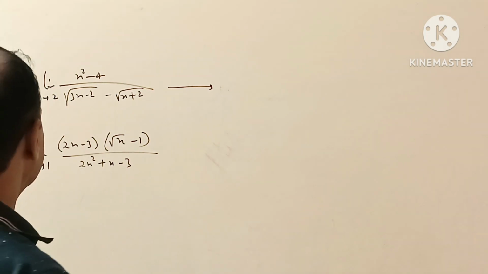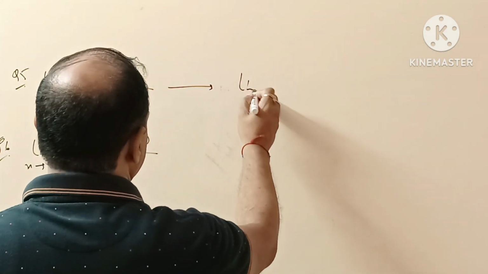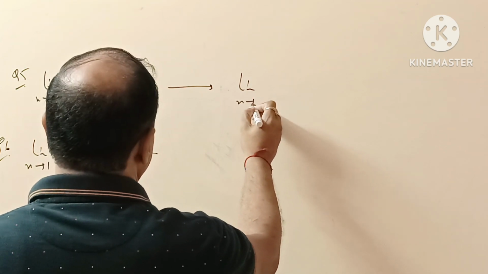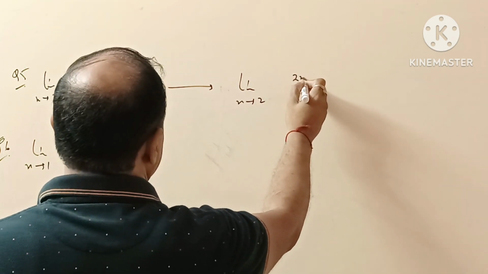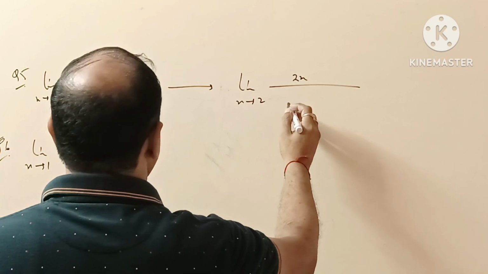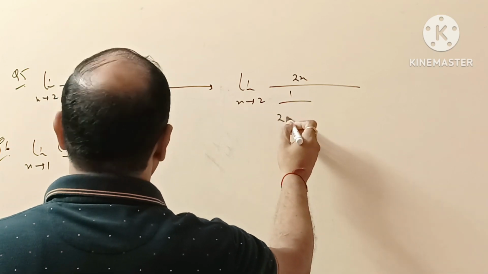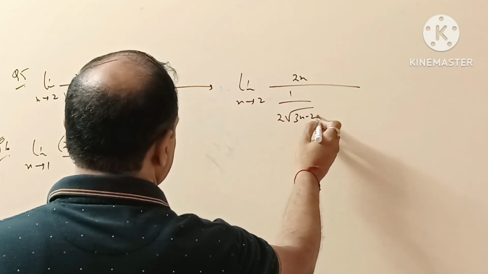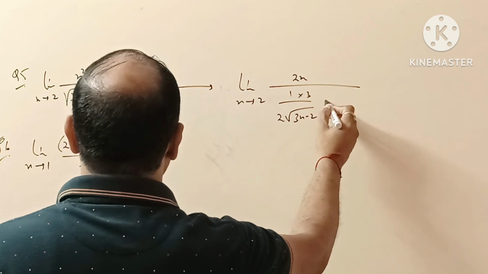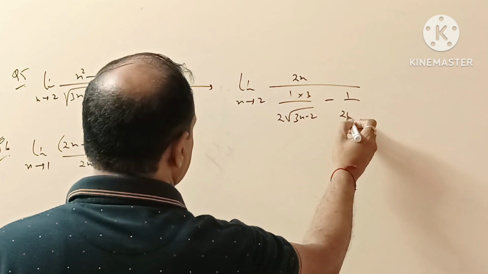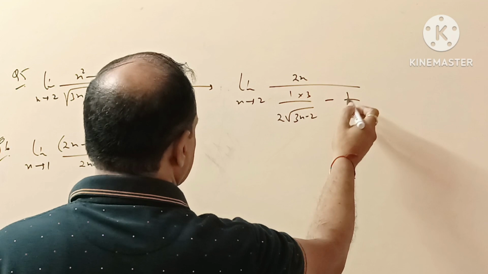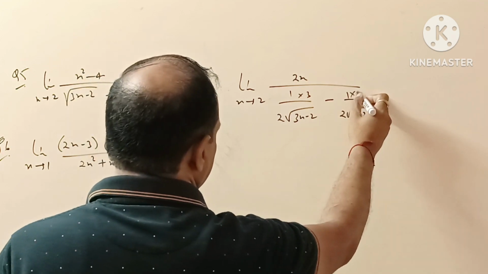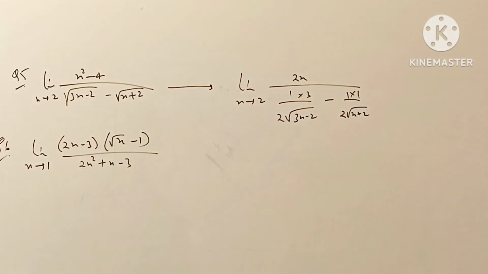Now here this is limit x tends to 2. The numerator is 2x. In the denominator you will have 1 over 2 under root 3x minus 2 times 3, minus 1 over 2 under root x plus 2 times 1, which is of no use particularly.